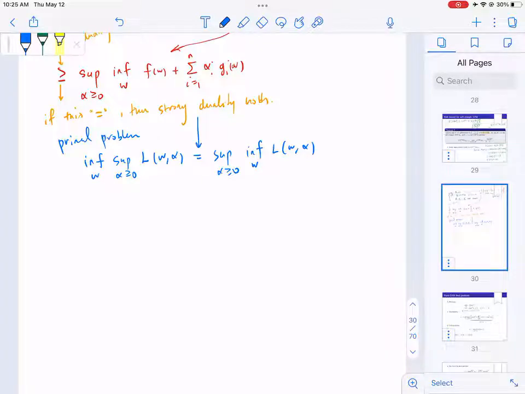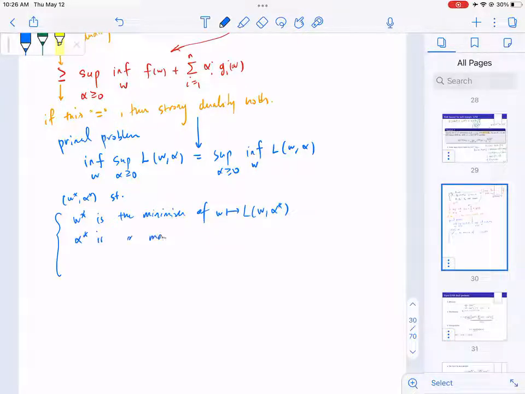One thing that you can prove is that if the KKT conditions hold. KKT conditions means there is a w star and alpha star such that w star is the minimizer of L(w, alpha star) over w, and alpha star is the maximizer of alpha maps to L(w star, alpha).